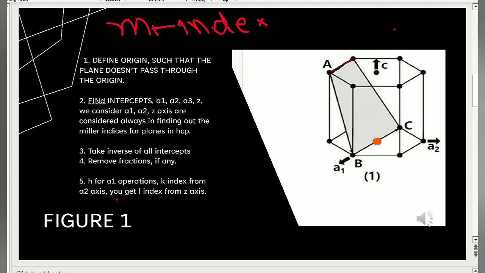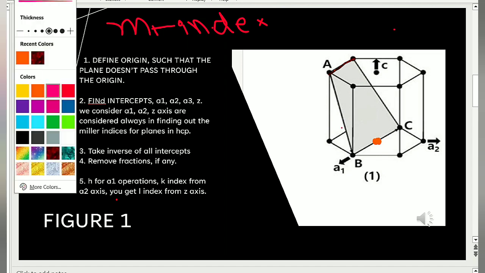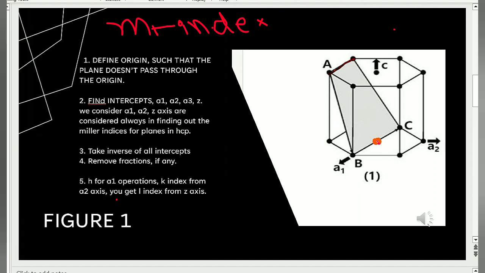As you can see, here is the origin, the centermost point, and this line is the A1 axis as they have predefined it. This horizontal direction from origin to this corner is the A2 direction, and the straight line vertically upward they have defined as the z-axis.